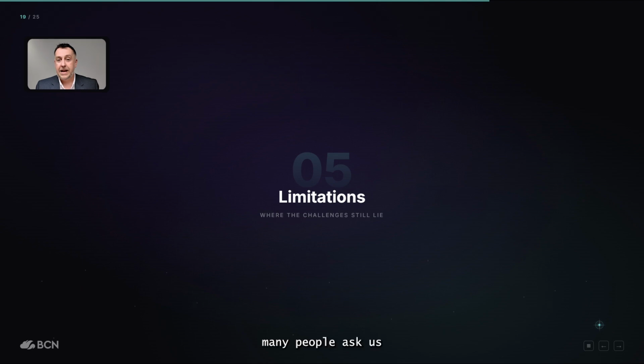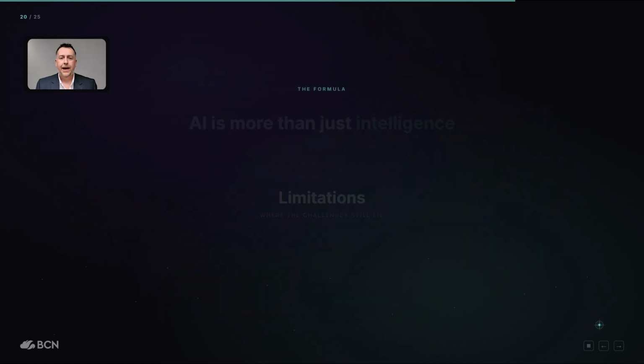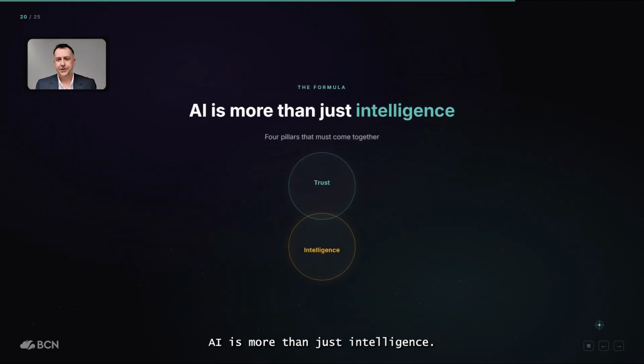Now, many people ask us, what are the limitations of agents and agentic AI? They're not magic, they fail in predictable ways. And knowing those limitations in how we deploy, develop, and safely avoid expensive, embarrassing outcomes is really, really important. AI is more than just intelligence.